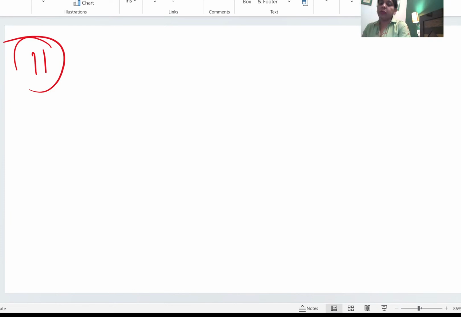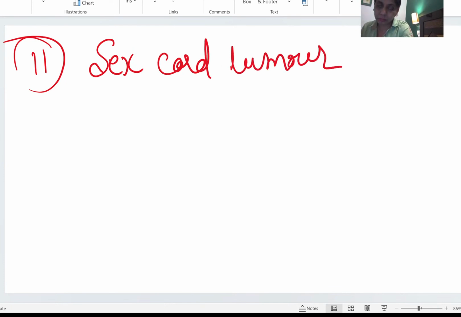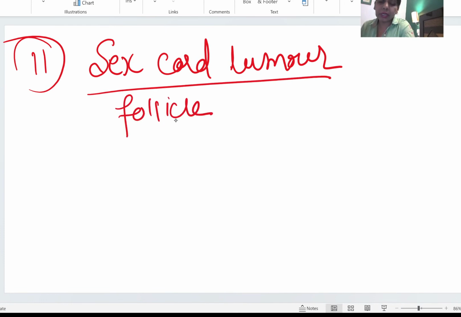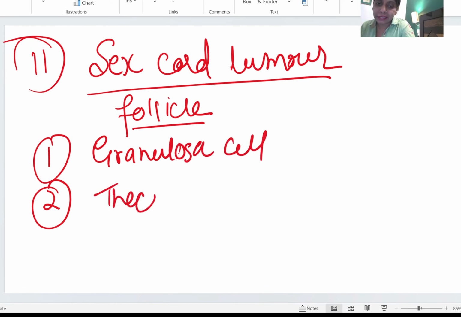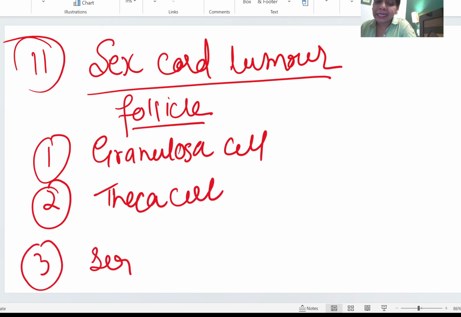No, let me tell you the classification; I think there is some problem in the classification. See, sex cord tumors are tumors of the follicle cells. In the follicle, mainly these two cells are there, granulosa cell and theca cell. Sometimes Sertoli and Leydig cell remnants are also there and they become tumorous.